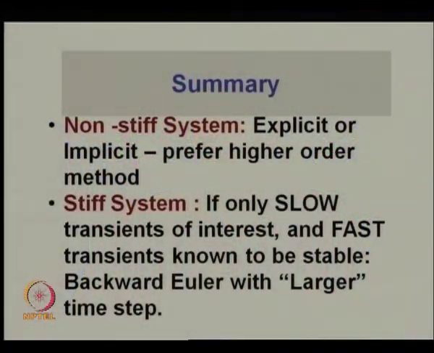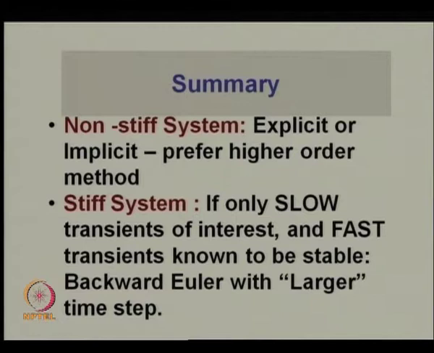However, if one is faced with a stiff system, so you can direct your attention to the screen. If only a slow transient is of interest, in that case you must look at implicit methods. So, if slow transients are of interest, you can try to use backward Euler with larger time steps.